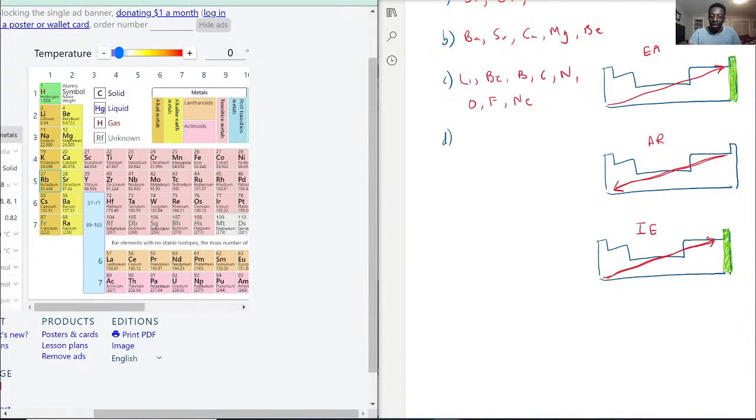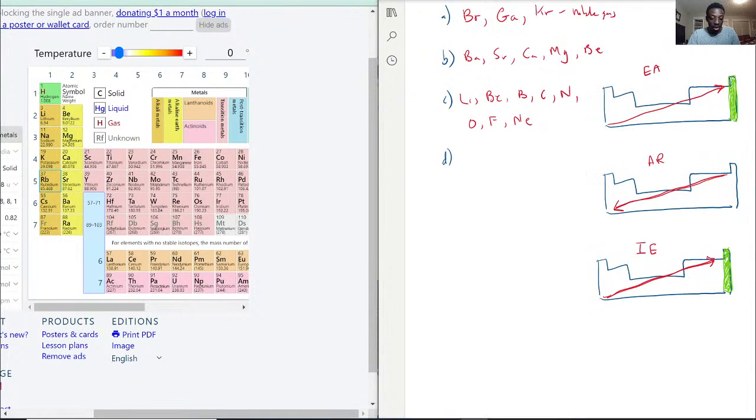So based on this arrow here, the greatest to least would be going downwards, because lithium would be the highest, followed by sodium, then potassium, then rubidium.